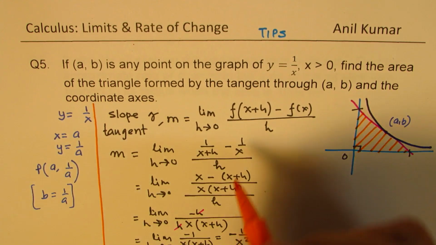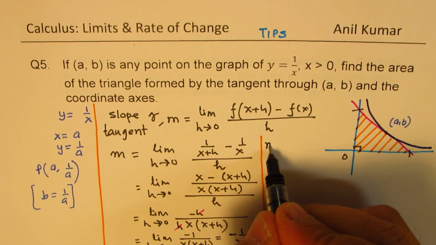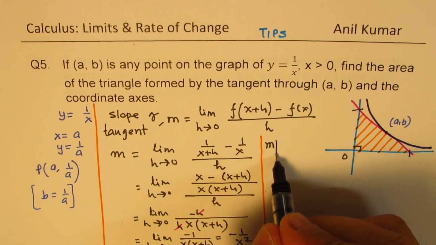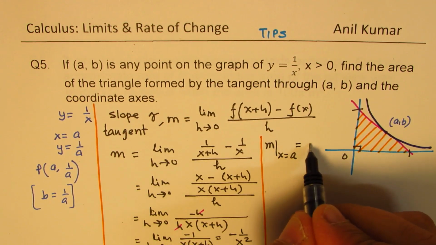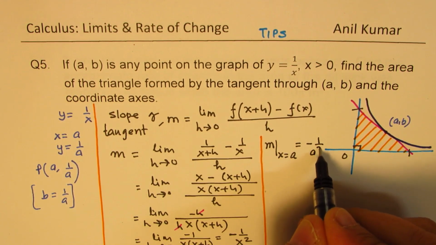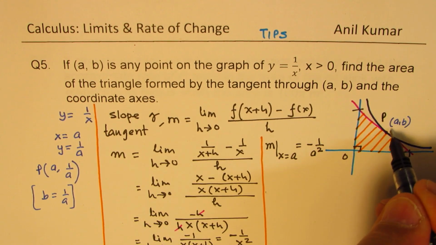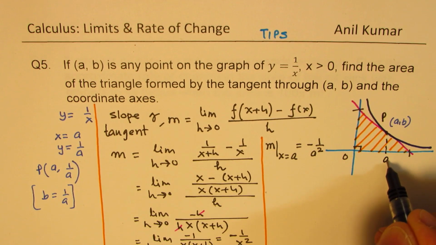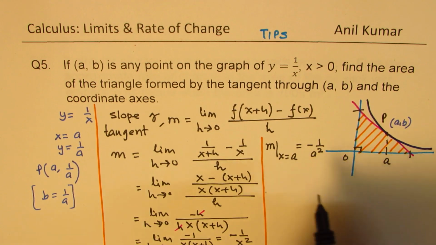So what I did was I got a general expression, right? Now in this general expression, we'll find the slope when x equals a. If I substitute a here, I get minus 1 over a squared. So at this particular point P, where x is equal to a, we have slope as minus 1 over a squared.